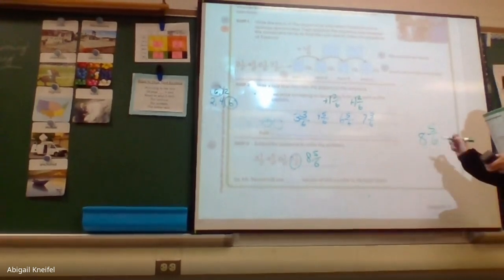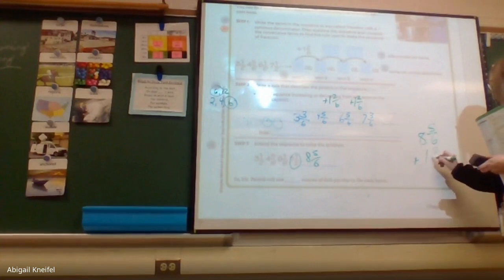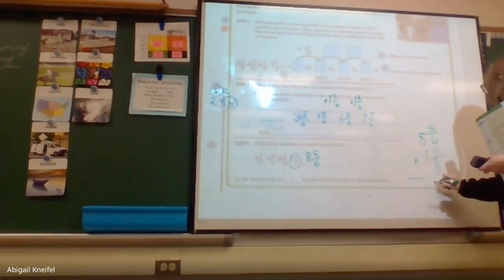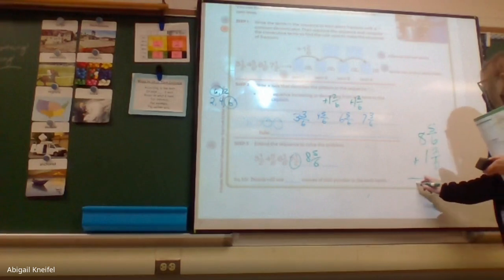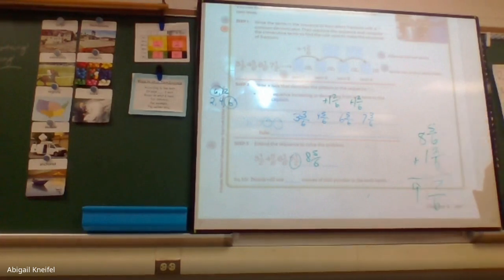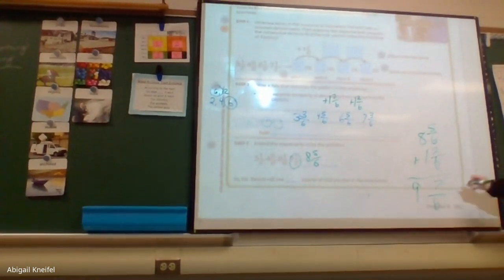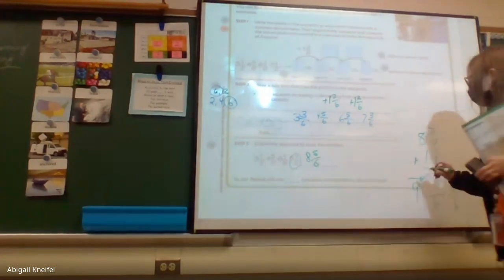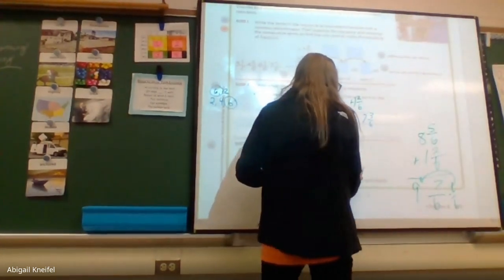Yep, all we do is add our pattern 1 2/6 to our 5th one. 5 and 2 is 7. Denominator 6 stays the same. And 8 plus 1 is 9. Can I leave it like this, though? No, because that's an improper fraction, and we could get rid of a whole. So if we subtracted a whole, that would be 6 over 6, which makes 9 become what? 10. And then we'd be left with 1/6.